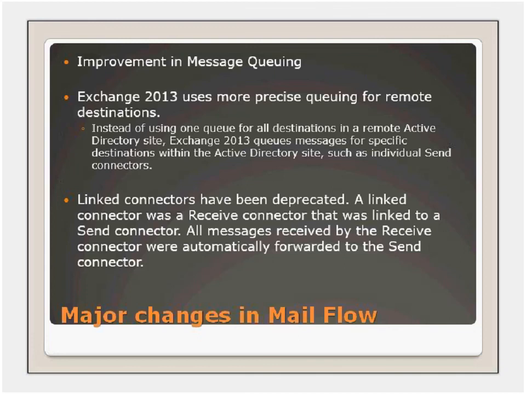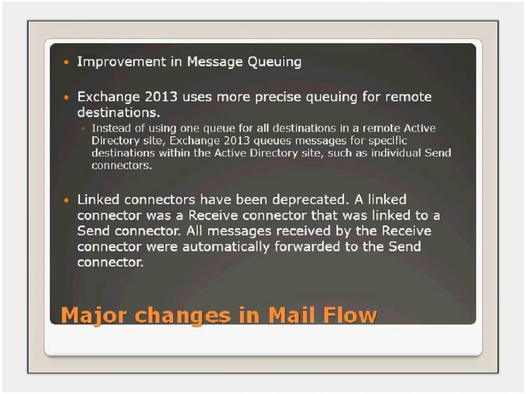And there was a connector called the linked connector in the earlier version. What is that? A linked connector is something like a receive connector that is linked to a send connector. So if any email is received on a receive connector, it's automatically forwarded to a send connector. It doesn't process anything. And why would you do that?